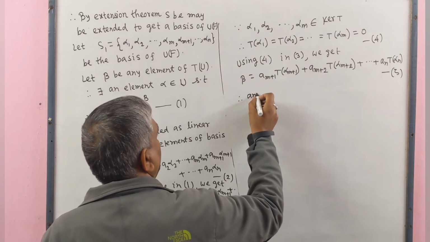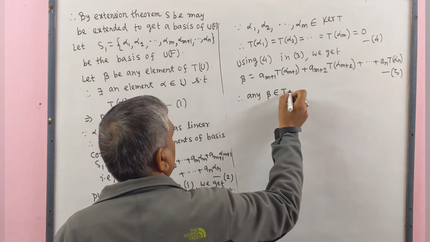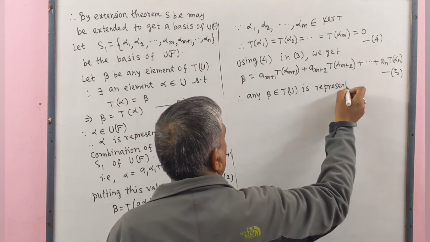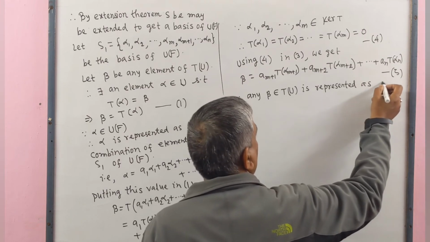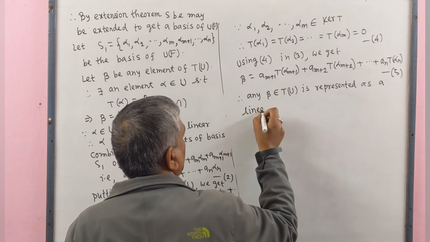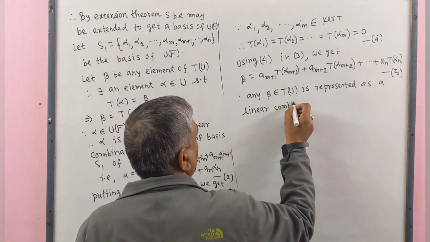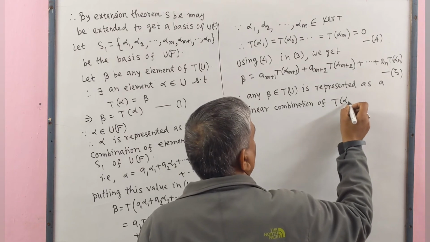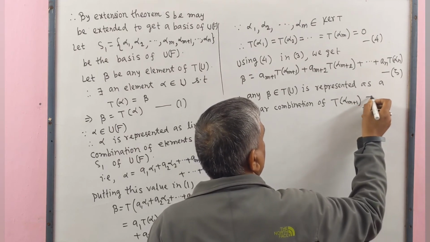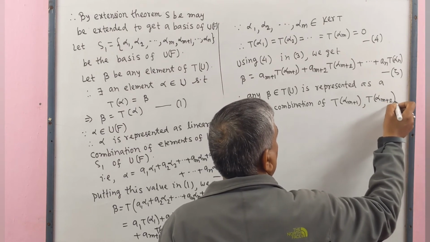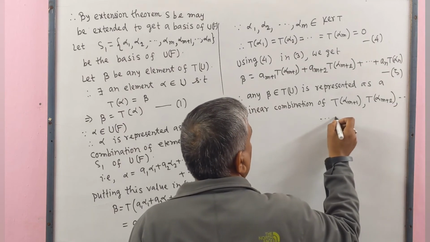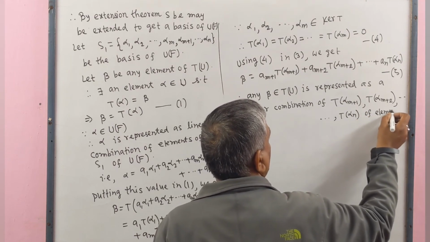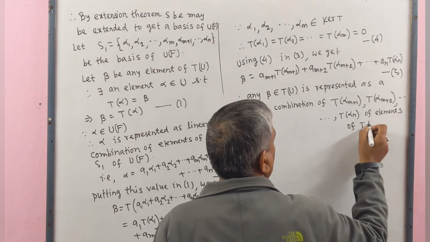Therefore, any beta belonging to T(U) is represented as a linear combination of T alpha (m+1), T alpha (m+2), ..., T alpha n of elements of T(U).